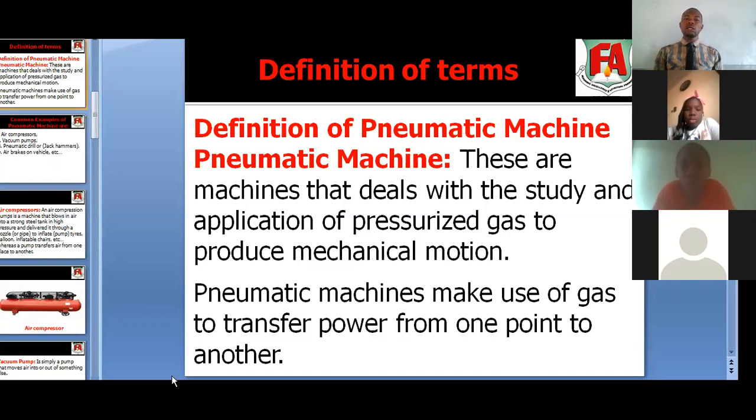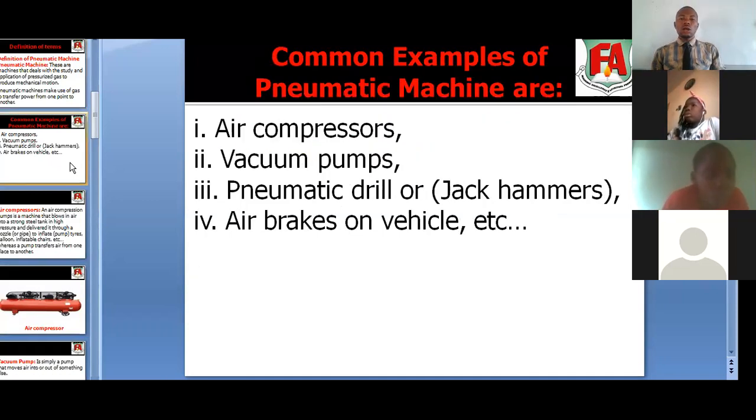Okay, we're going to be looking at the common machines that make use of pneumatic. What are the common examples of pneumatic machines?